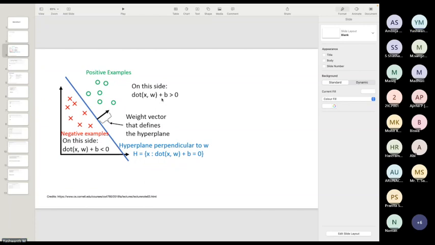For this simple data, a function like W transpose X plus B works. Now, when I call it plus 1, if it is greater than 0, I call it plus 1, because any such X makes a positive inner product with this vector. So don't confuse the labels with the data.